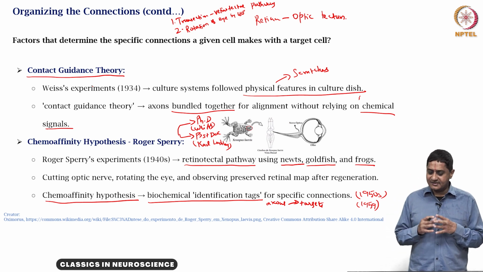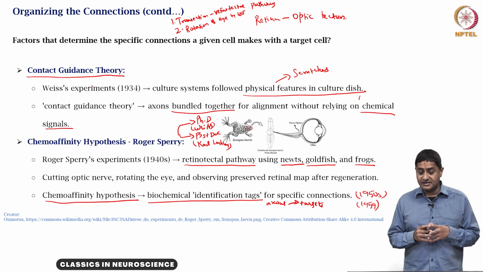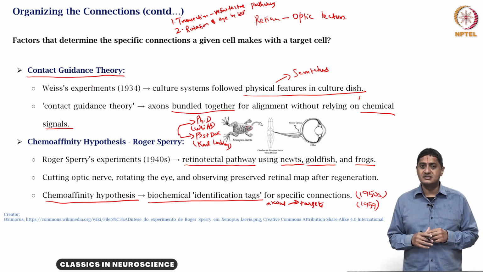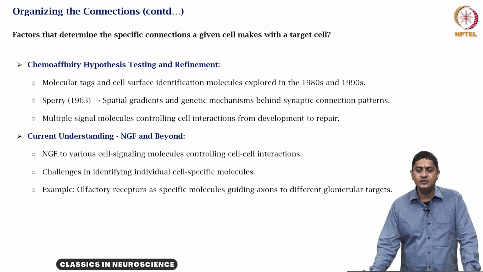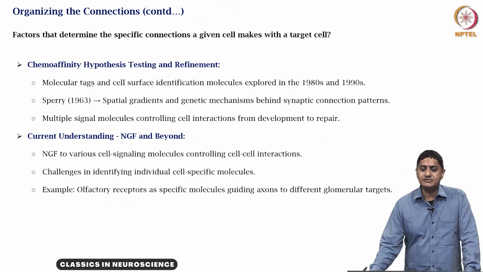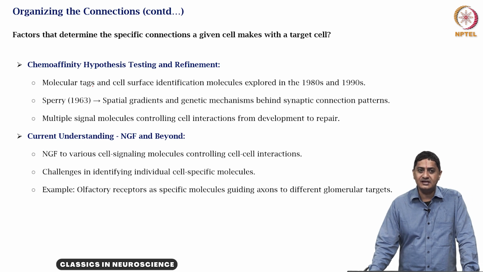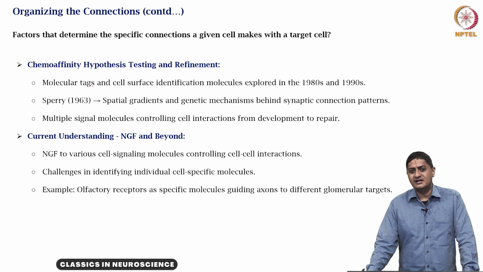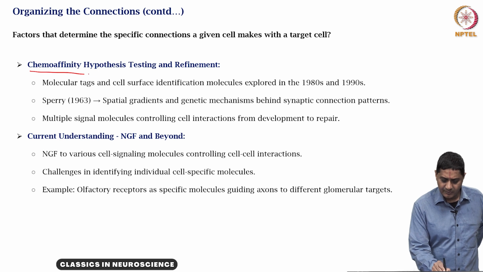So, this model system of using the retinotectal pathways in these animals became the norm for the next few decades. The retinotectal pathway proved to be an excellent model for studying this idea of chemoaffinity. Studies that followed the original study by Roger Sperry used this model system and assumed some variation of the original chemoaffinity hypothesis.